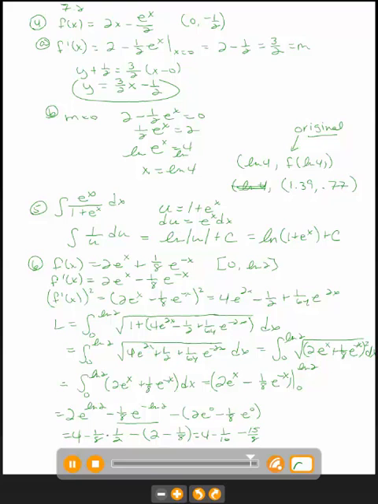And if I add all this together, that is 64 over 16 minus 1 over 16 minus 30 over 16, 33 over 16. And that's that answer.